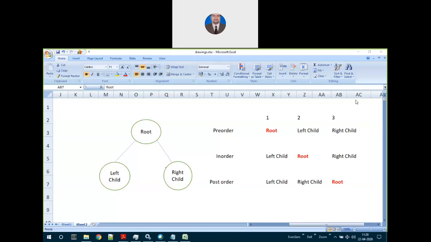No, no, sir. Understood? Yes, yes. The basic concept here is that the terms pre, in, post are applicable to the root, that is, at what particular position we are visiting those elements. Any doubts? No, sir.